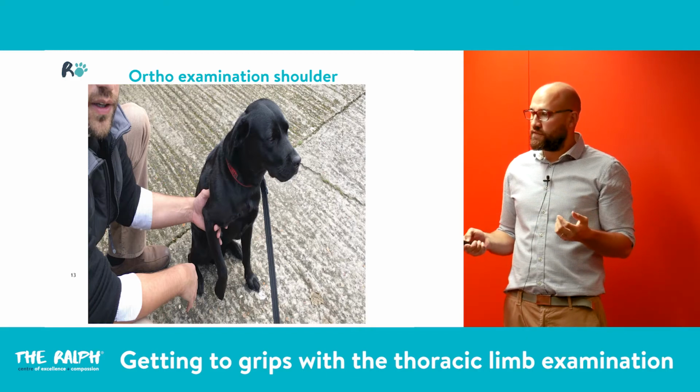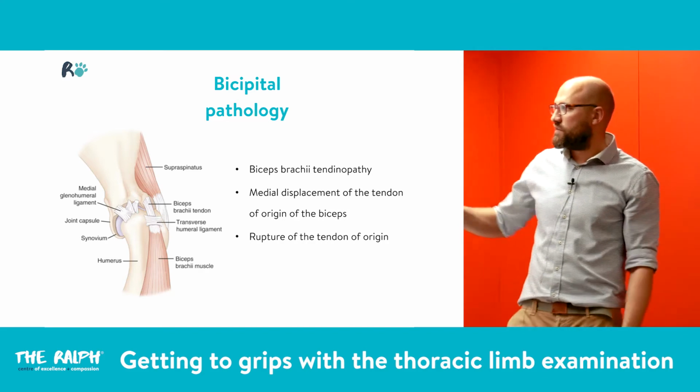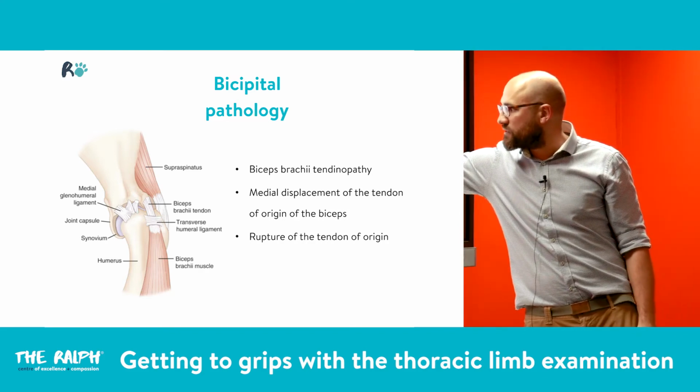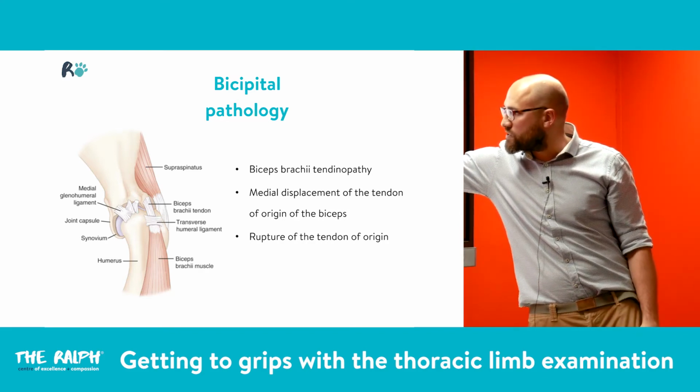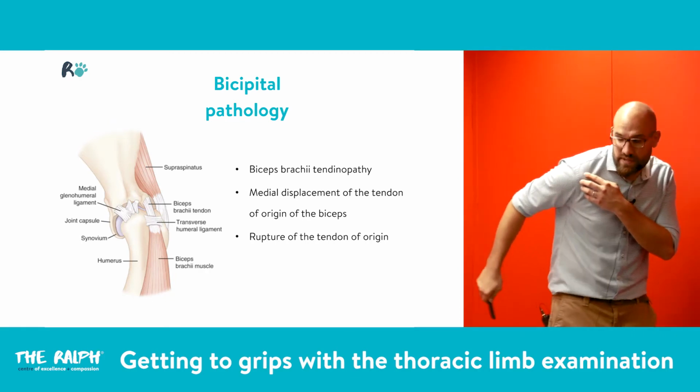Let me give a little bit of anatomy to show you where the biceps tendon inserts. Usually you tend to have a rupture at this level. So that's where you press with your finger when you're doing the biceps test.